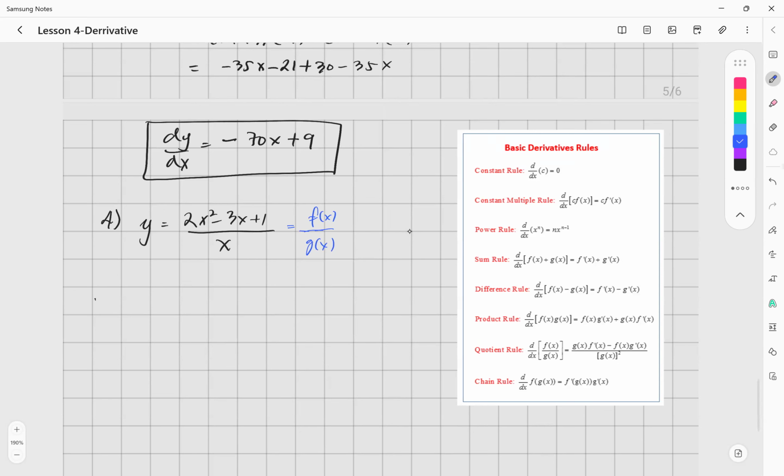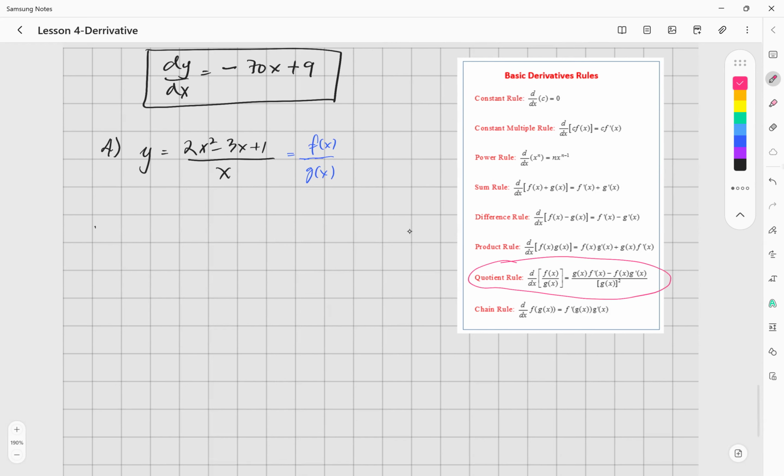We use the quotient rule, this rule over here. So dy over dx: first you take the derivative of the one at the numerator, which is simply 2x squared minus 3x plus 1.